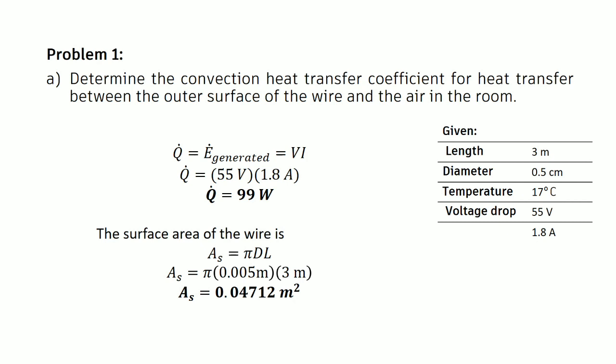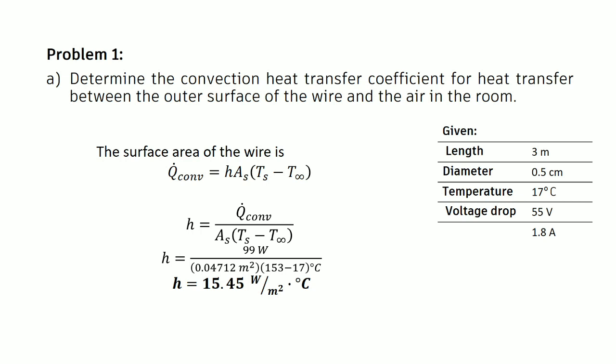Newton's law of cooling for convection heat transfer is expressed as the heat rate of convection is equivalent to h multiplied by its surface area and multiplied by the difference in temperatures. So disregarding any heat transfer by radiation and thus assuming all that heat loss from the wire occurs by convection, the convection heat transfer coefficient is determined to be this one. We now have h equal to the heat rate of convection divided by the surface area multiplied by the difference in temperature.